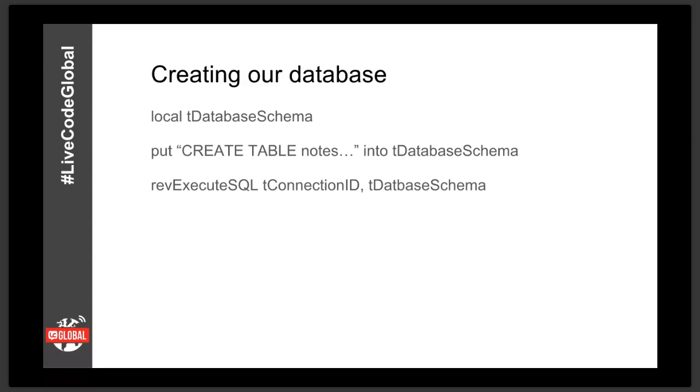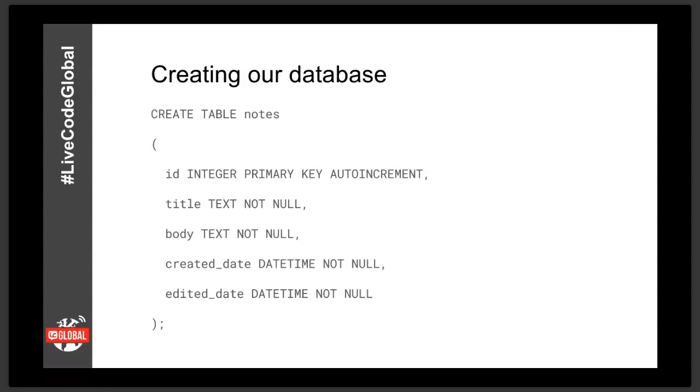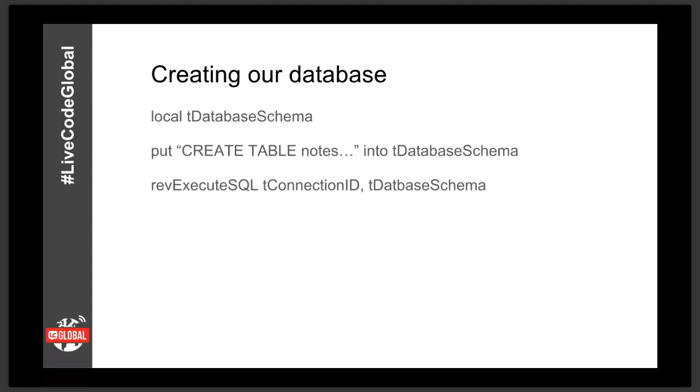And then, once we've got our connection to the database, we use RevExecuteSQL to execute our previous create table notes statement, which will create our first database table. So if I go back to what we had previously, create table notes, that's a block of SQL that we want to execute. We will execute that with RevExecuteSQL.